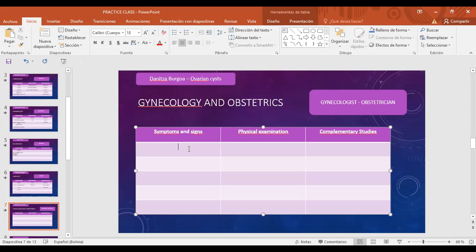For example, it can appear with acne. I don't know how to say it in English, I'm sorry. Acne. Yes. Great.